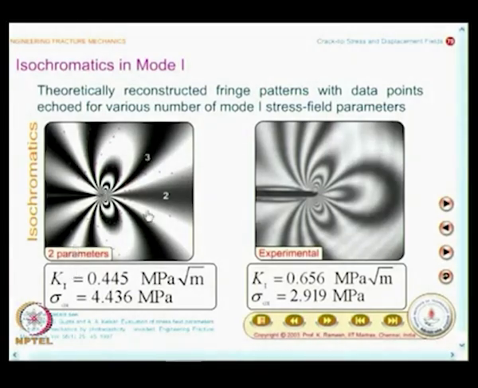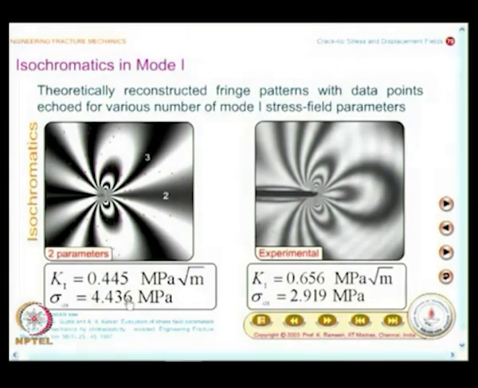So, when I have a minimum of 2 parameters, what do I observe? I only get forward tilted loops and the fringes are not matching with the experimental data. You see red dots in several places, and what is the value of K? K is only 0.445, whereas sigma naught x is quite high.